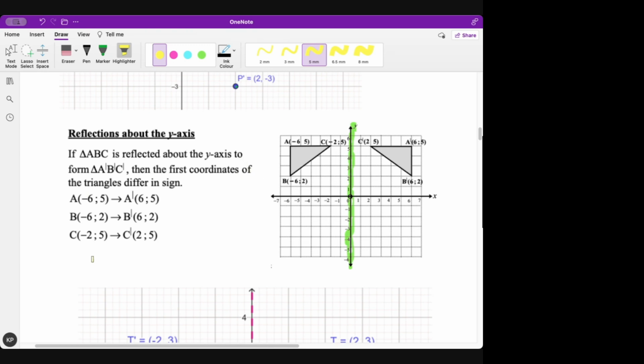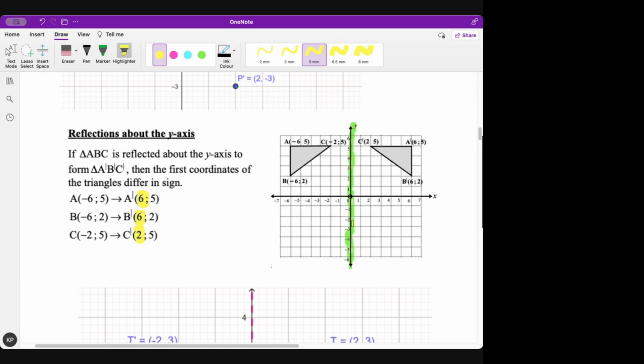And this is what I was talking about. Remember, all our x coordinates were negative. The sign changes. So it went from negative 6, 5 to positive 6 and 5, from negative 6 and 2 to positive 6 and 2, and from negative 2 and 5 to positive 2 and 5. Now take note, only one of the coordinates changes.